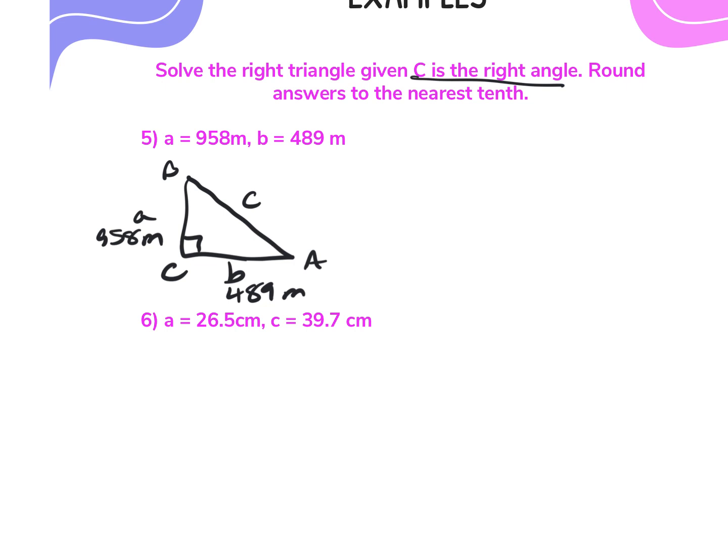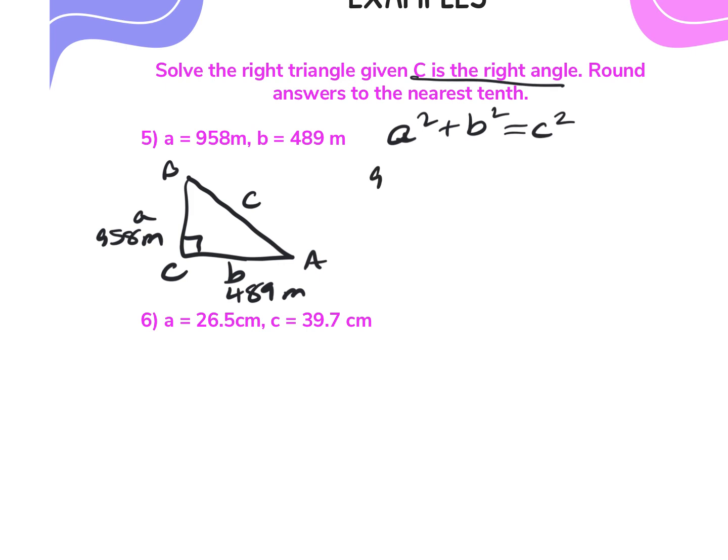For this one, let's go ahead and find the missing side first. We're not going to use a trig function to find c. We're going to use the Pythagorean theorem. So when you're given two sides, you're going to be doing a squared plus b squared equals c squared.